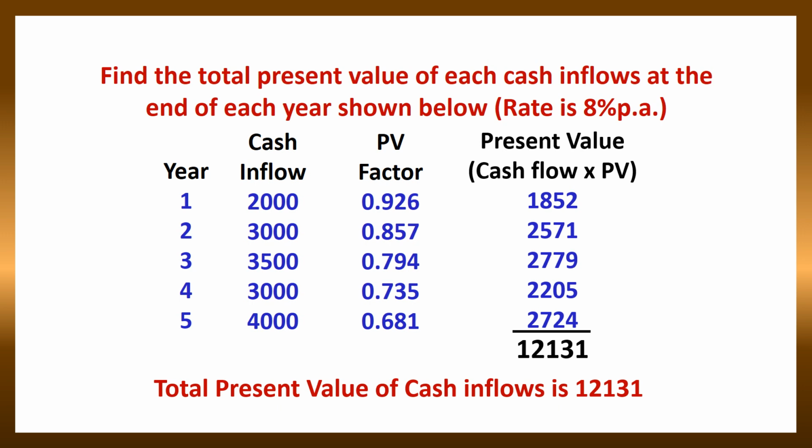That means the total cash inflows is 2,000 plus 3,000 plus 3,500 plus 3,000 plus 4,000.